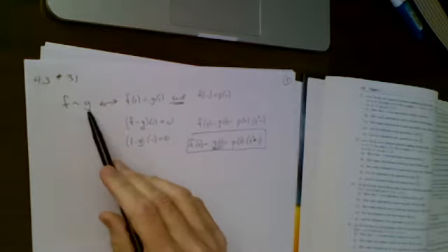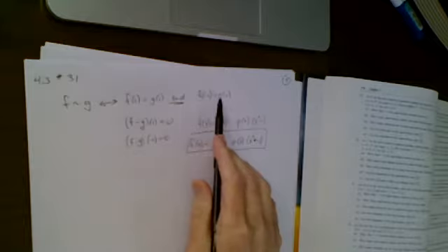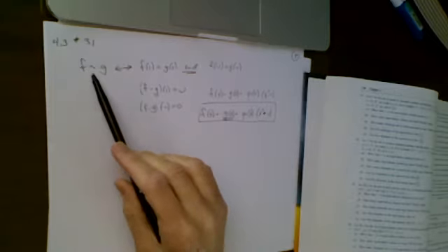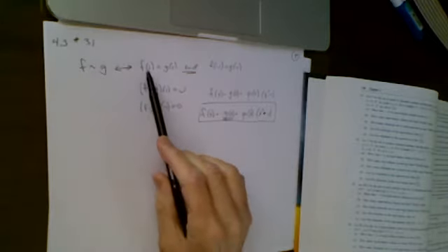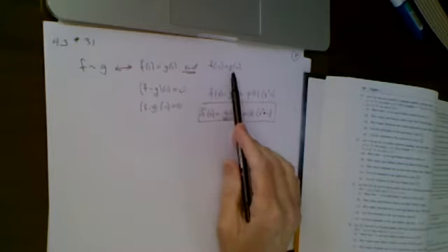Is f related to f? Well, f of 1 and f of 1 are the same. f of minus 1 and f of minus 1 are the same. Reflexive. What about symmetric? If f is related to g, then f and g give you the same value at 1, and f and g give you the same value at minus 1.